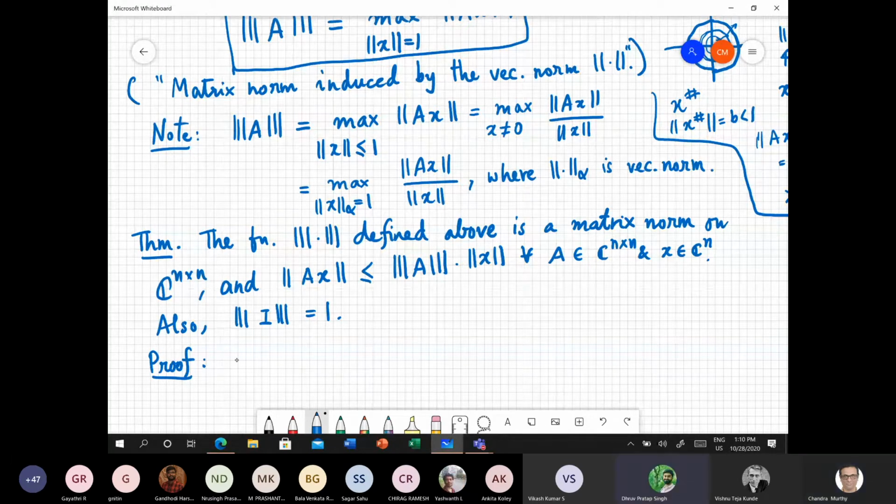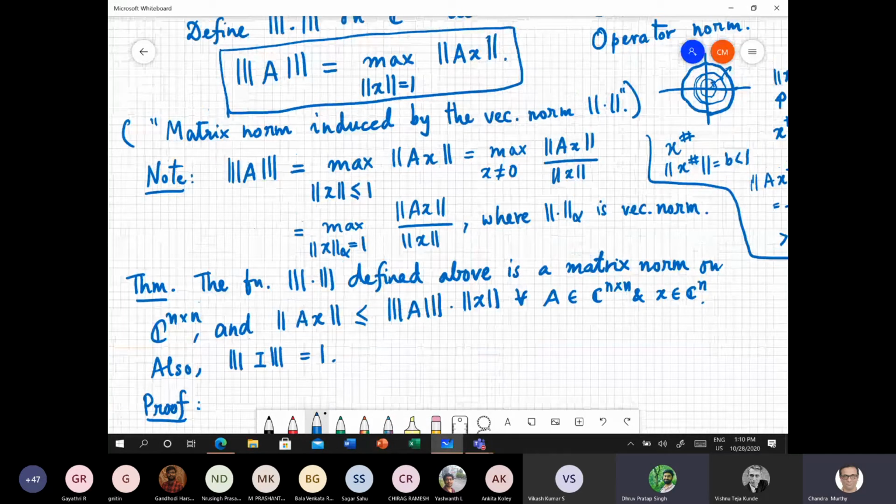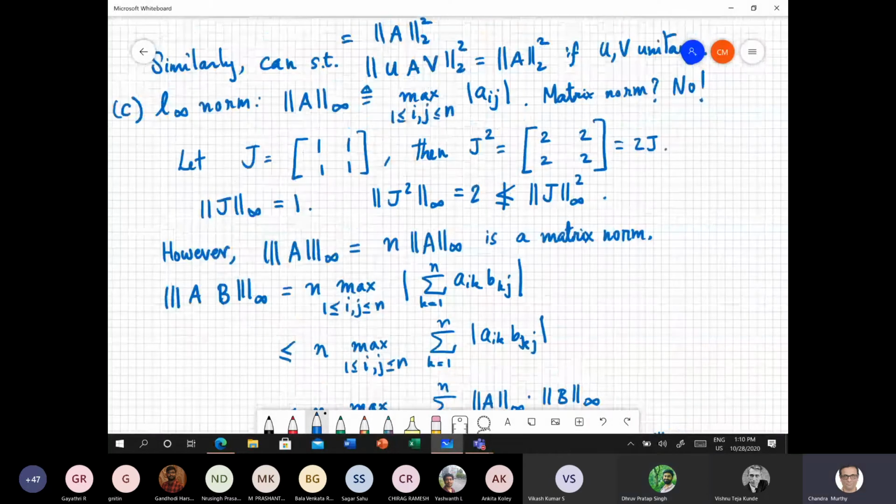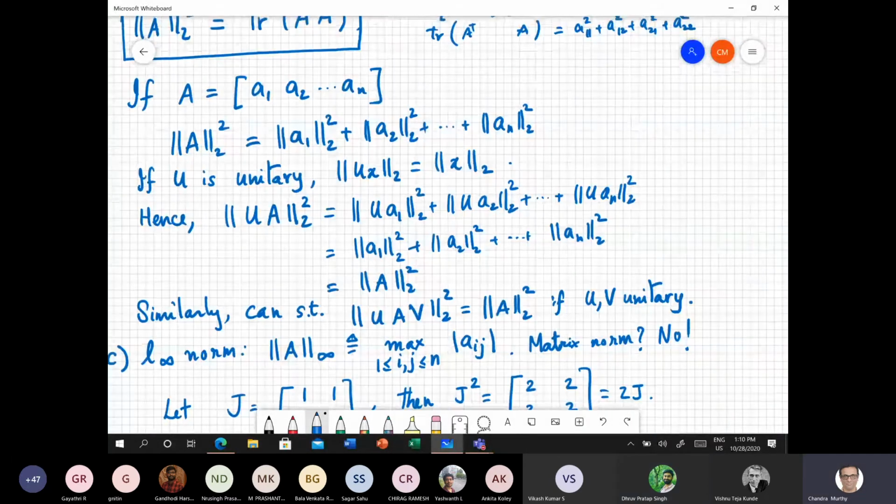Sir, some places matrix norm is with double bars and some places with triple bars. Could you explain that? It's always with triple bars, except when I was giving a couple of examples here. Somebody else already asked the question.